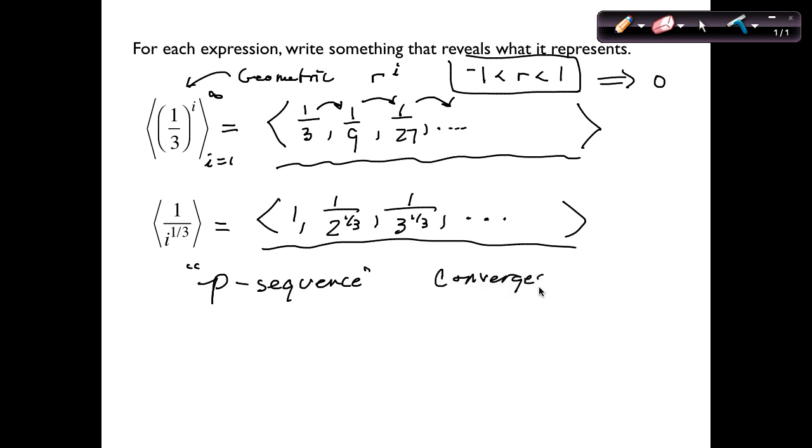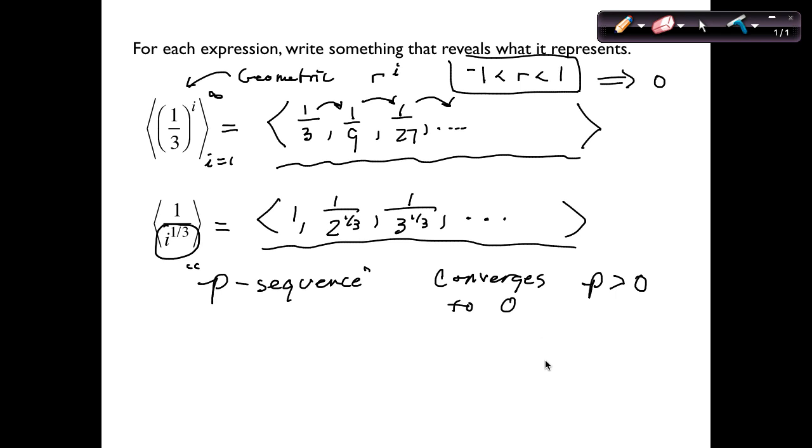Do you remember what we said? We kind of proved it. When P is greater than 0. As long as P is positive, the denominator will get big. And if the denominator is getting bigger and bigger without bound, then the reciprocal will approach 0. It converges to 0 when P is greater than 0.